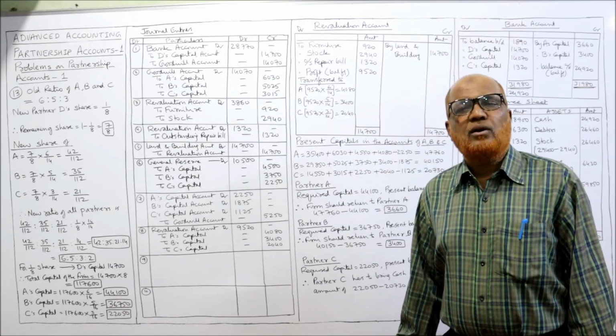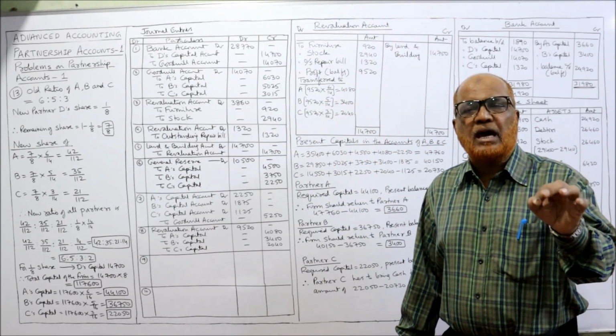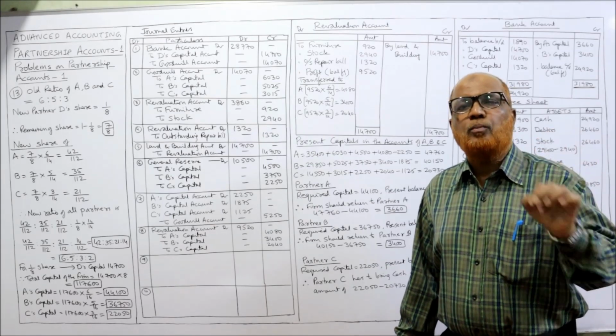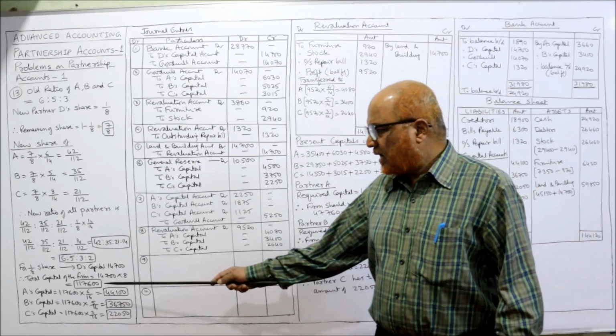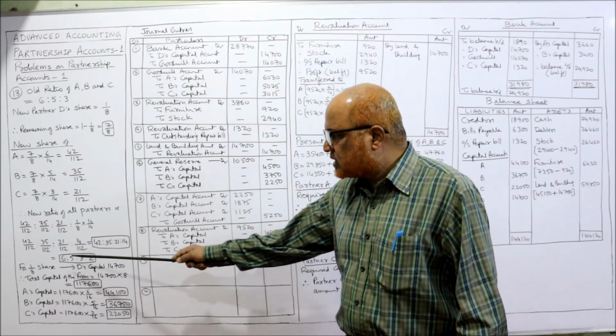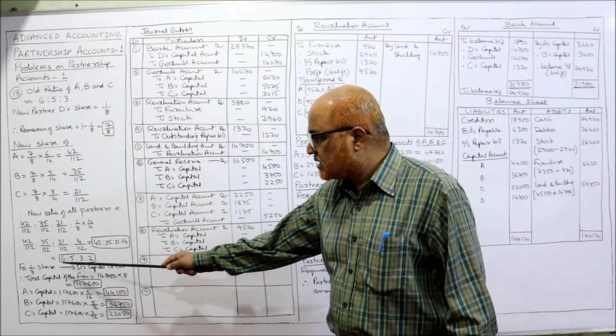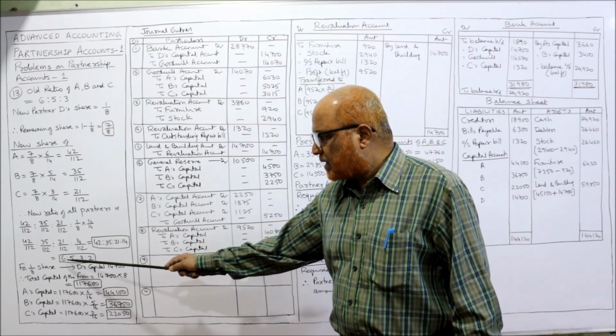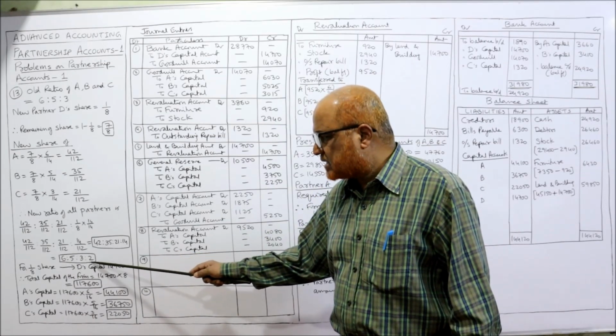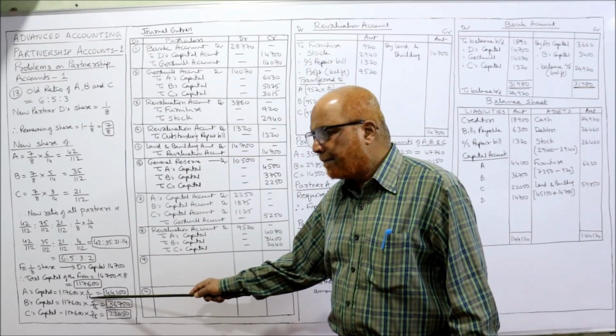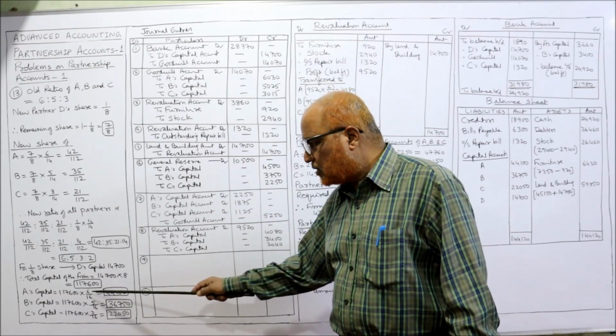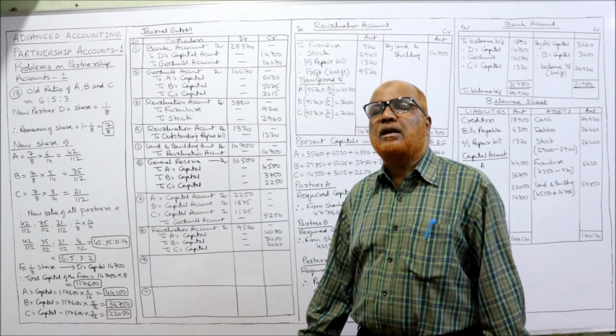Now we can easily find out what the capital of A, B and C should be according to the new profit sharing ratio. So 1,17,600 into 6/16, 44,100.